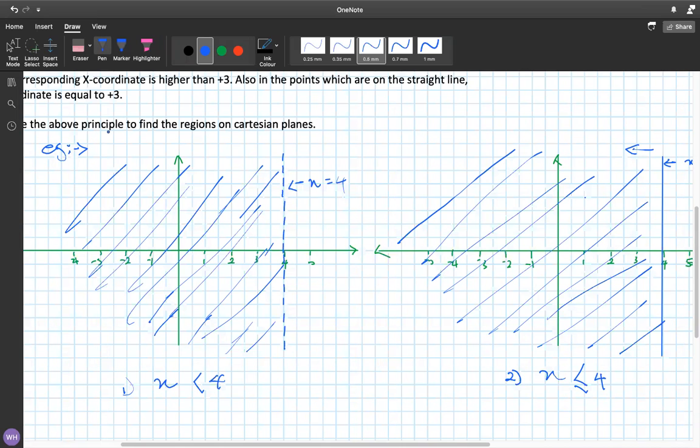Example. Let's consider regions on a Cartesian plane.